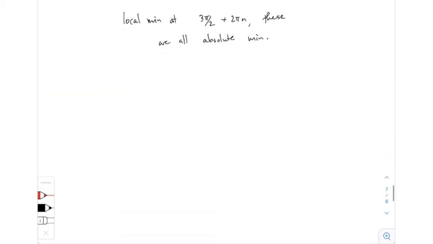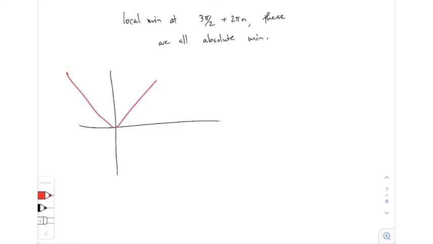I have maybe some slightly more interesting pictures. How about the absolute value function? The absolute value function, of course, comes to a sharp point there and then goes up forever over here. It seems to me something is important about this point.